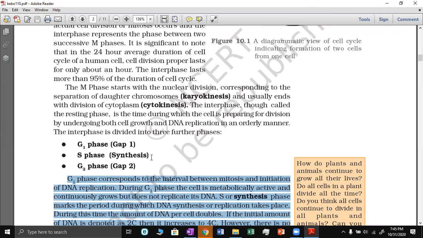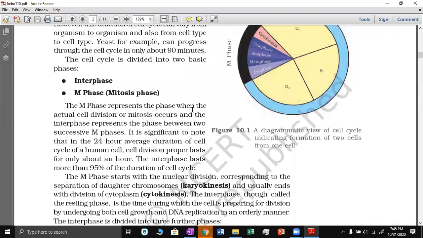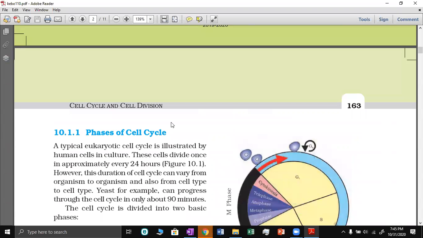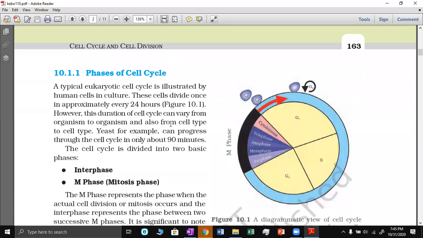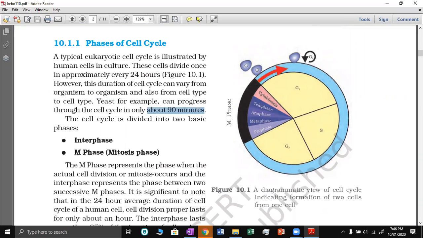After that, what is karyokinesis, what is cytokinesis, what is the cell cycle, these things we have to complete. Yeast can progress through the cell cycle in only about 90 minutes.